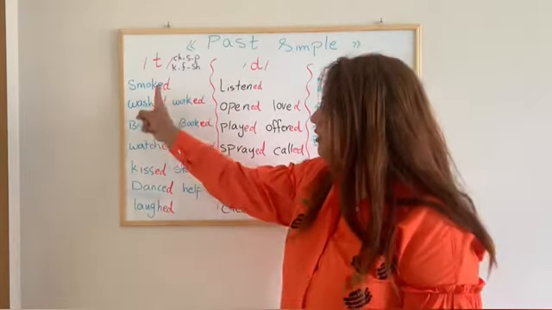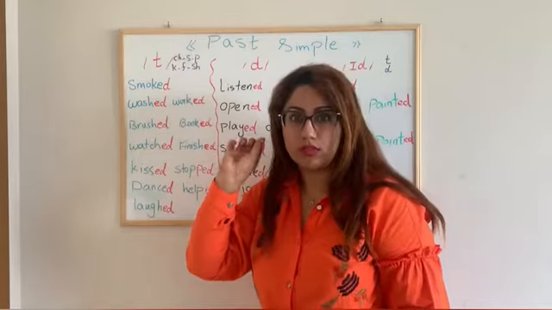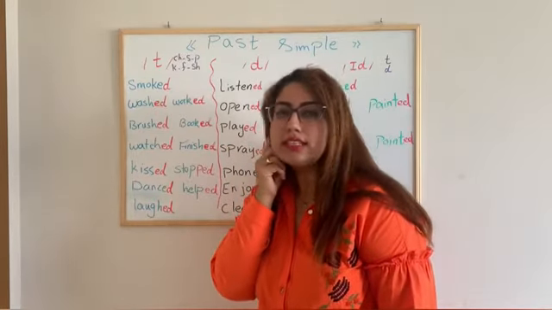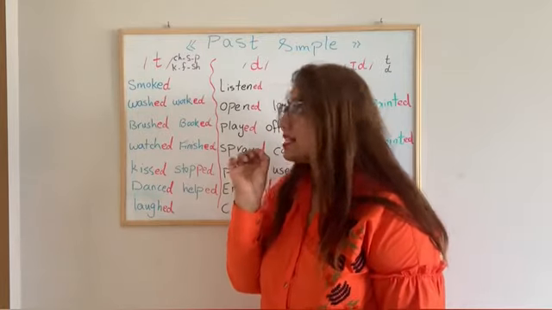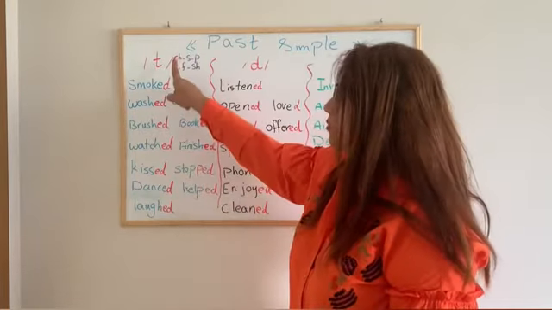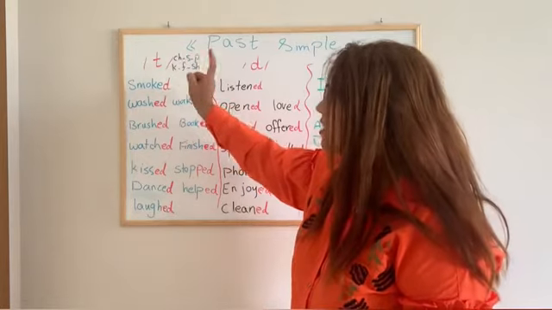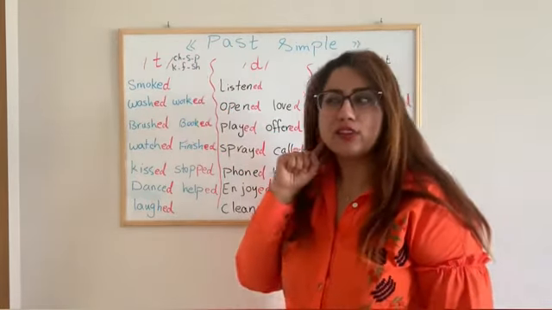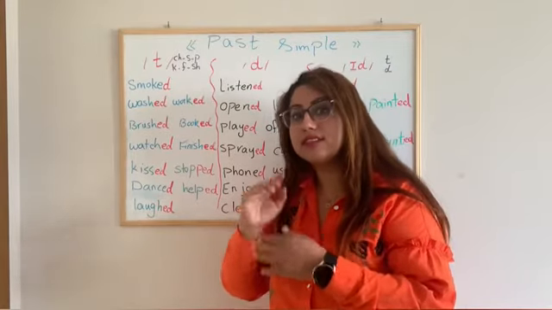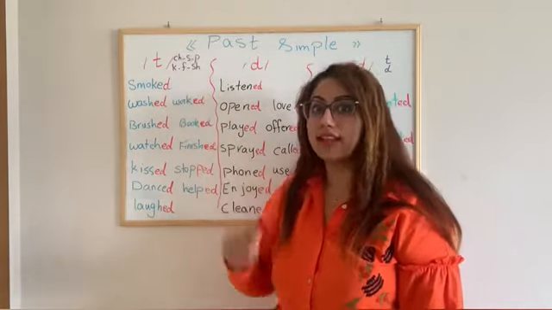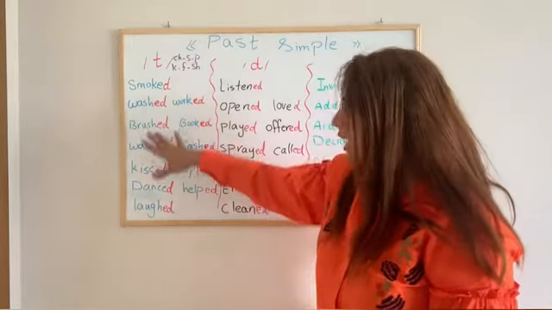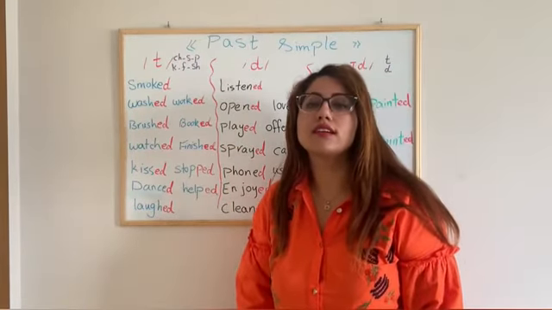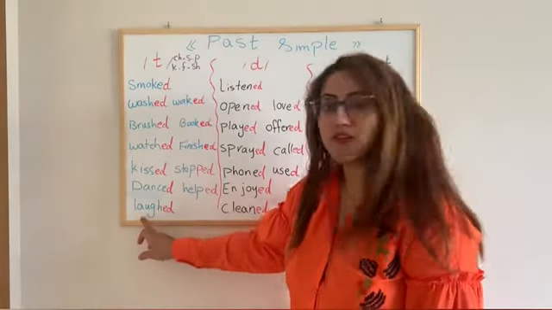If the last sound of a word, not especially the letter, but the sound that you hear, is one of these: ch, s, p, k, f, sh. As you hear the word, it ends in these 6 sounds. So we add ED or D, but the pronunciation is T. For example, here I have laugh.